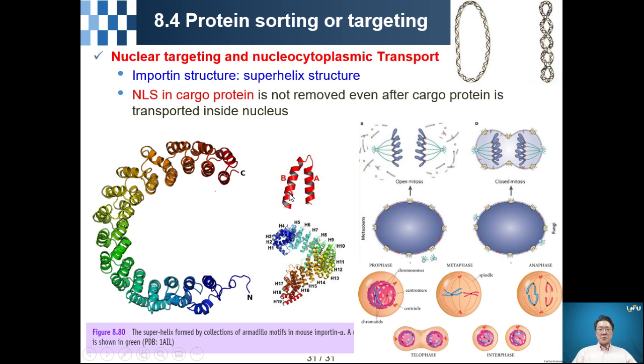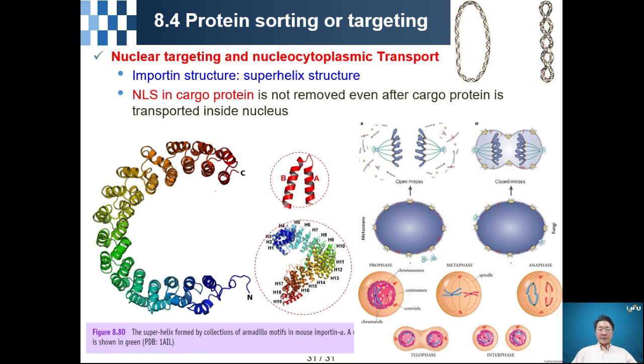Each subunit shows this kind of structure: helix, turn, helix. So this is the subunit, and importin is composed of 19 subunits. So 19 subunits look like this. This is the importin structure.